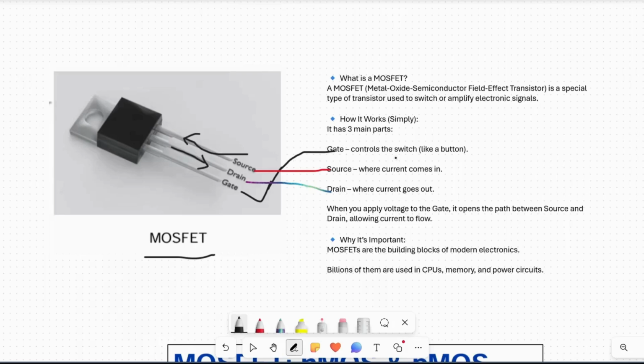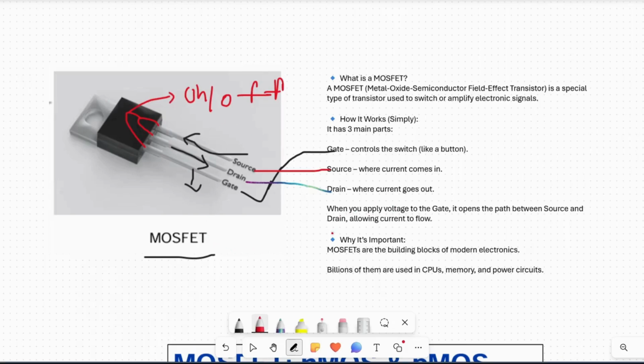The gate is just like a switch, it controls the flow of current here. If you use the red marker, the switch is connected here and controls on and off. When you apply voltage to the gate, it opens the path between source and drain, allowing current to flow.